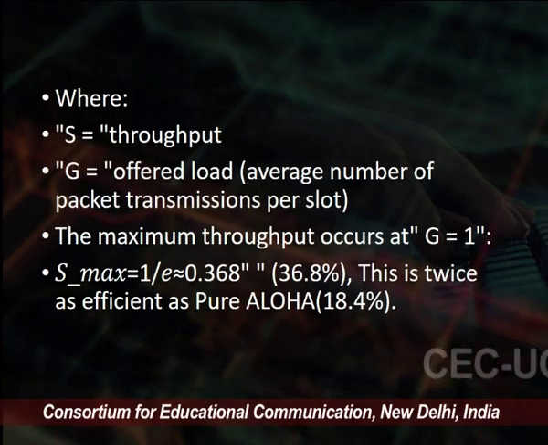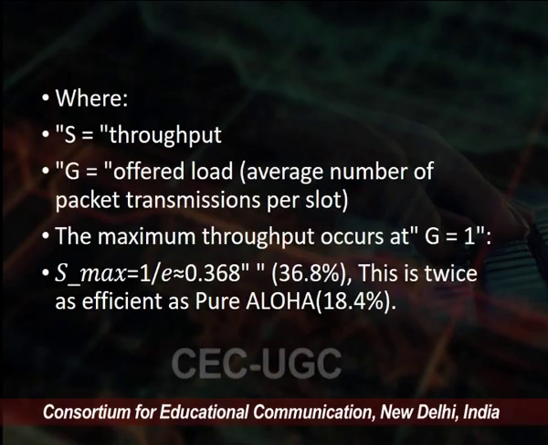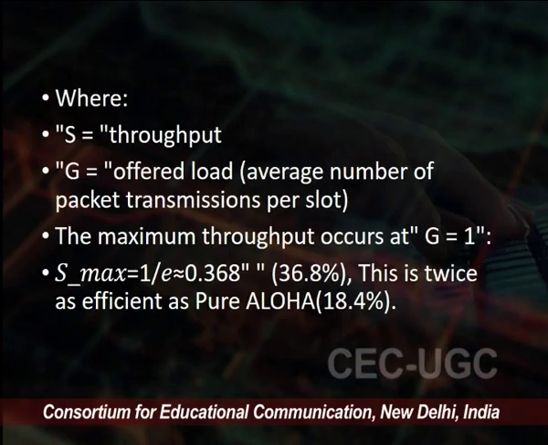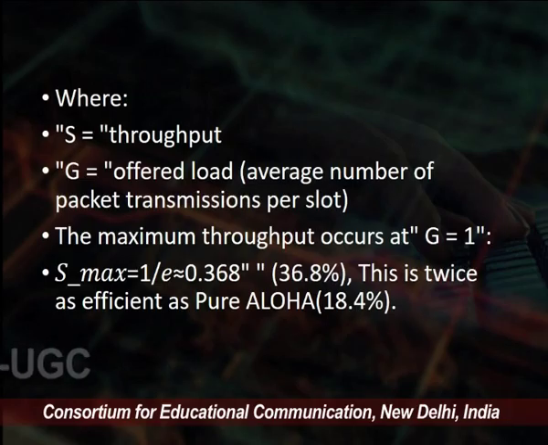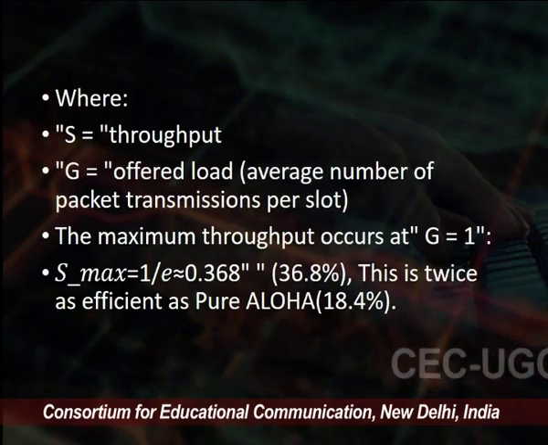Please recall the efficiency of pure ALOHA. It was 18.4%, and when we double that, we get the maximum throughput of slotted ALOHA, which is 36.8 percent. So your slotted ALOHA is twice as efficient as pure ALOHA.